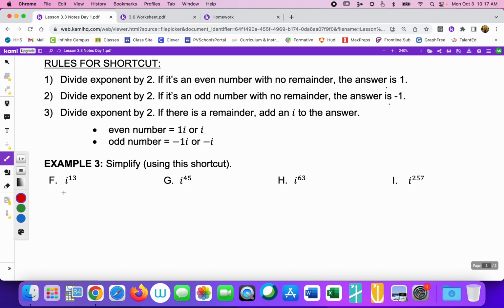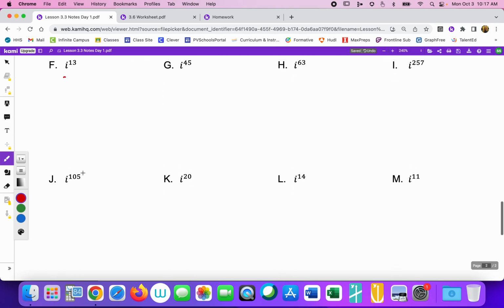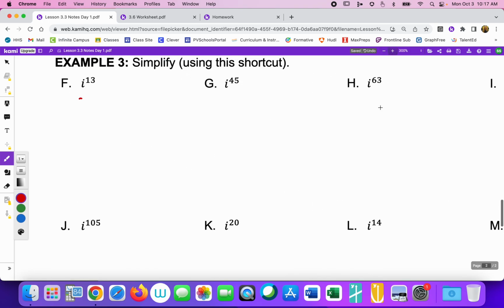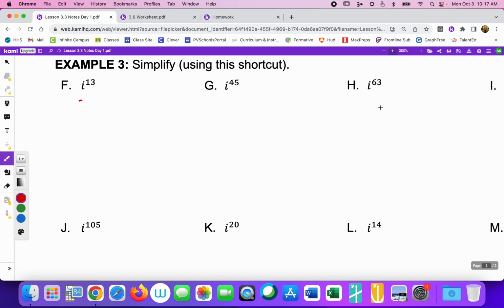Now we already did i to the 13th the longer way. So we're going to do it the shorter way, and you get the same thing no matter what. Now your calculator is not going to know this type of stuff, so this is going to be a memorization on your part. You would divide the exponent by 2. What's 13 divided by 2? 6.5, or 6 and a half, whatever way you want to write it. 6 is what type of number?